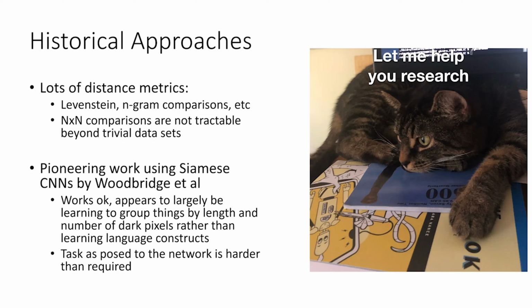I went ahead and gave that a try, and it worked decently. The one thing I observed was that the convolutions largely appear to be learning the number of black pixels in the image as opposed to, say, letters.